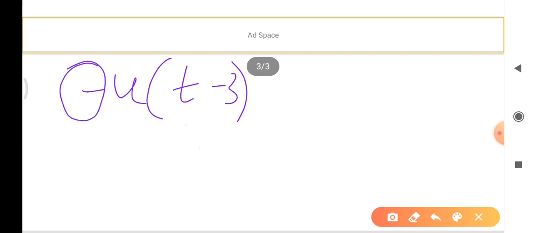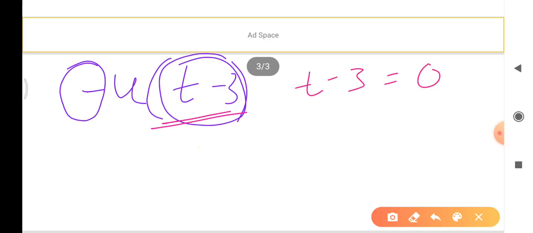Next you can do similarly, minus u of t minus 3. There are two things. One is the signal magnitude is negative, and another is it has shifted, so t minus 3 is there. For the shift, take t minus 3 equal to 0, so t is equal to plus 3, which means your signal has to start from plus 3. And its magnitude is negative.